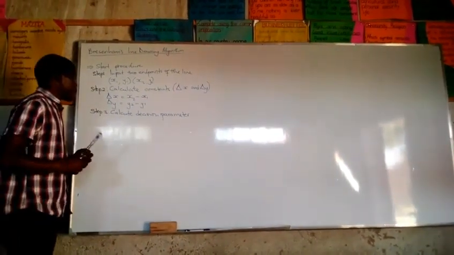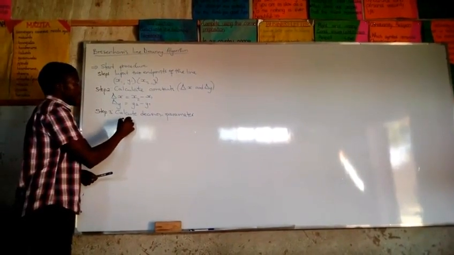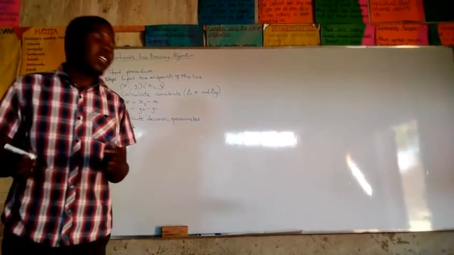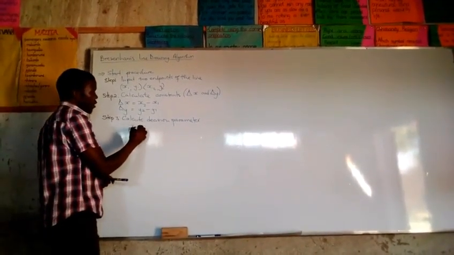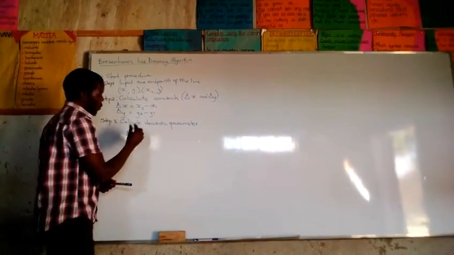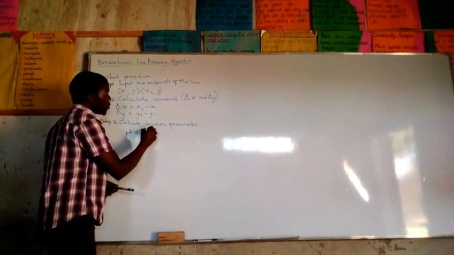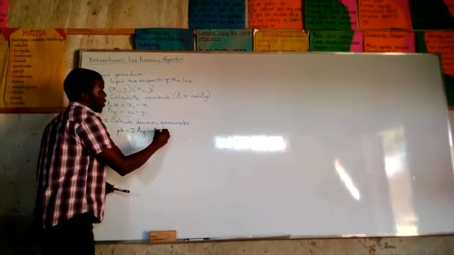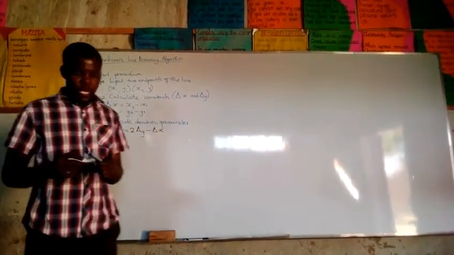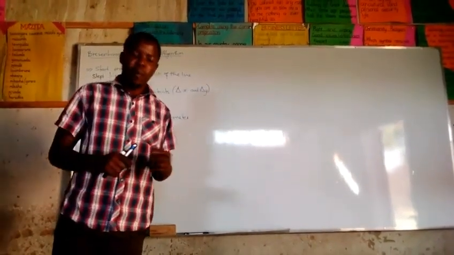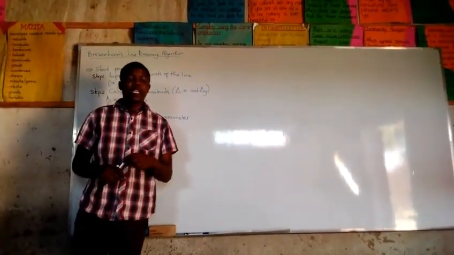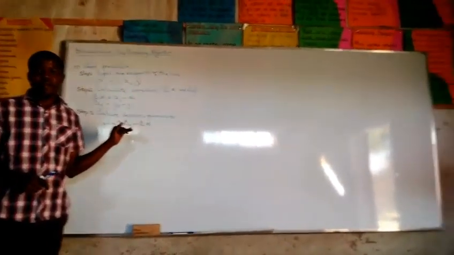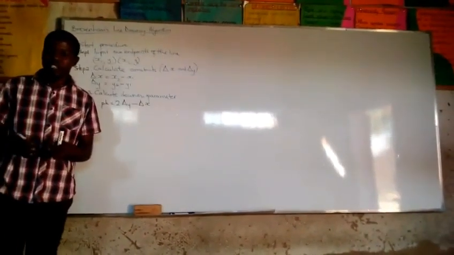Let's assume pk is the decision parameter. So, how do we calculate the decision parameter? The decision parameter is calculated by 2 delta y minus delta x. And the decision parameter is used to find the exact point to draw the line. That's the use of the decision parameter.